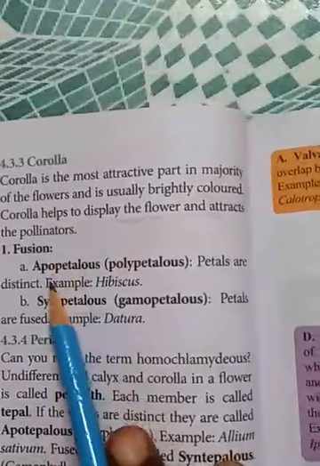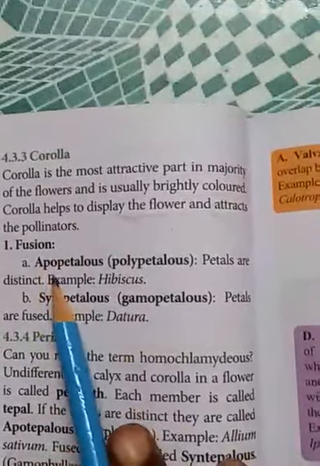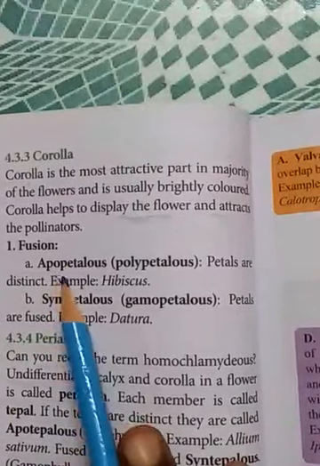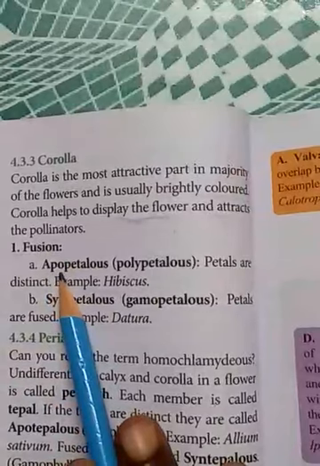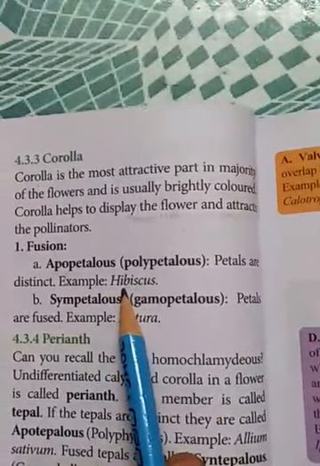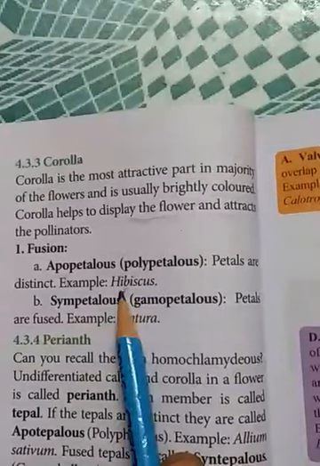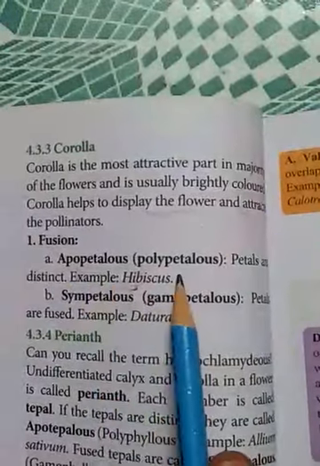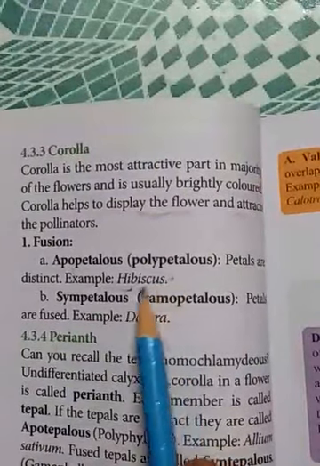Clear? Next, based on the fusion, we classify them again into 2 types. Apopetalous, as we have studied, is when all the petals are free, as you can find in hibiscus. All of you have seen the 5-petaled hibiscus. The 5 petals are free from each other. Then we call it apopetalous or polypetalous.